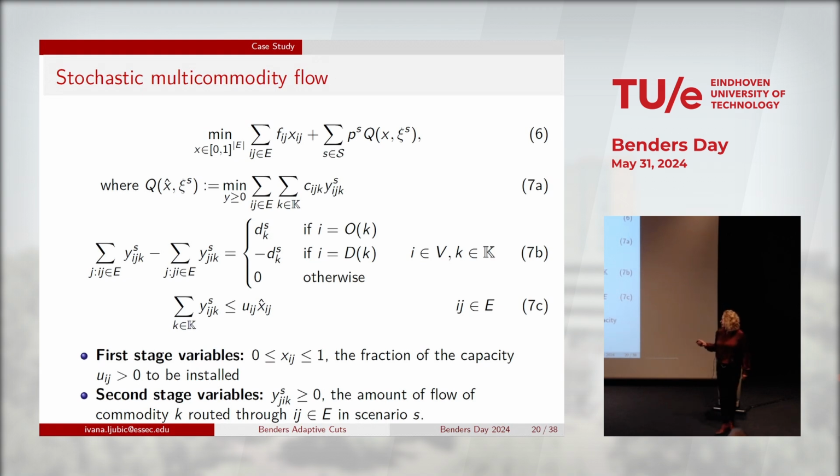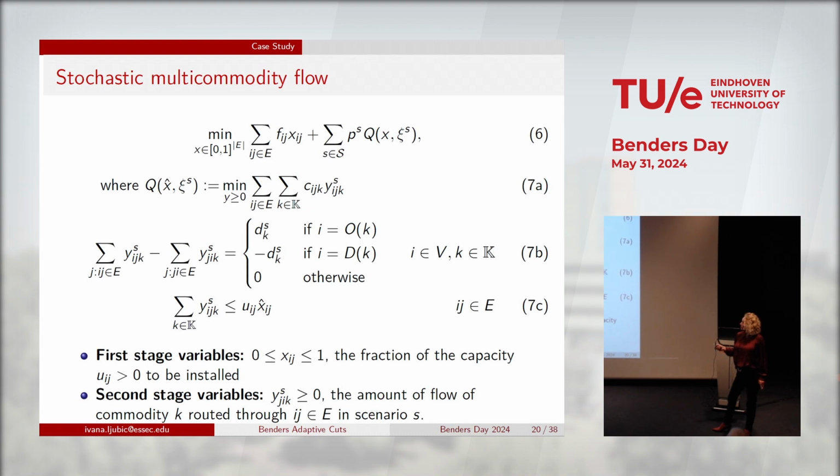It's not difficult. So we will assume for now, for this case, that the variables x are also continuous. So we have an LP, a pure LP, to solve. We have fixed costs for x_ij, for installing x_ij units of capacity, and then we have the recourse, which corresponds to the routing costs.